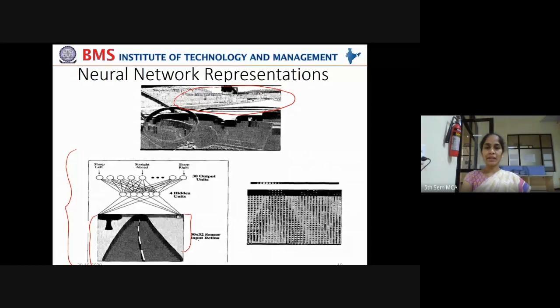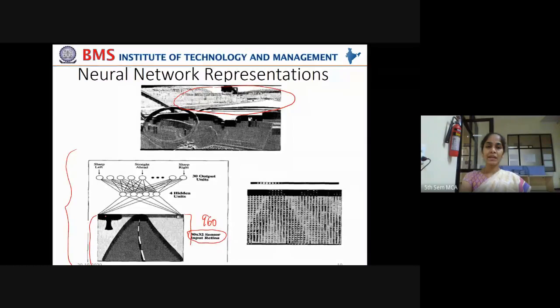So the camera captures this 30 by 32 sensor input retina. This is fixed for a camera, right? So at a time, it can capture a 30 by 32 sensor input retina. So it is around 960 pixels. 960 pixels it's capturing at a moment.